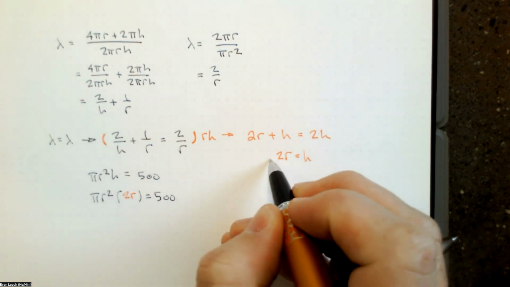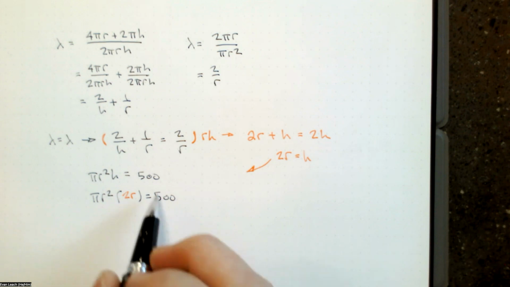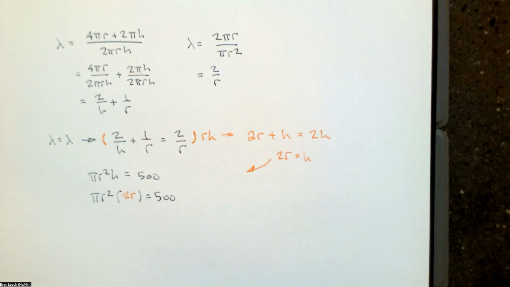We'll just take the 2r and plug it into our constraint. Now I've eliminated h from the third equation, and then we can solve.